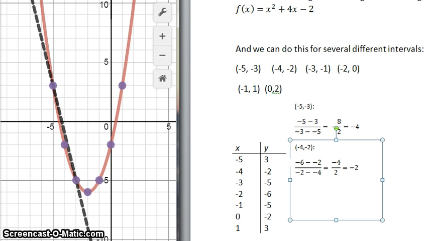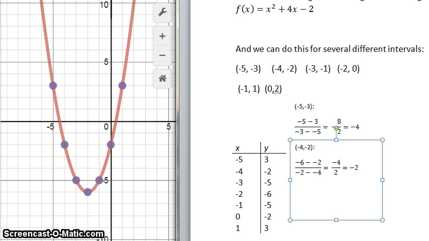Alright, then we're going to look at the next one, and we go from -3 to -1. So we get -3, our y value is -5, and -1, hey, also has a y value of -5, which actually means if we're going to calculate, we can all calculate, but we might have already seen it.